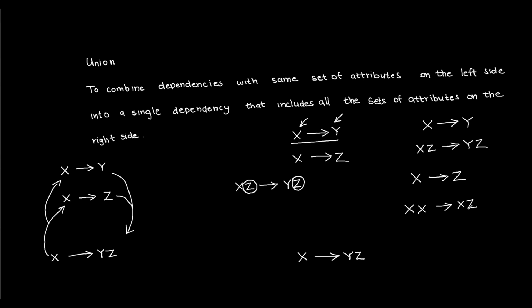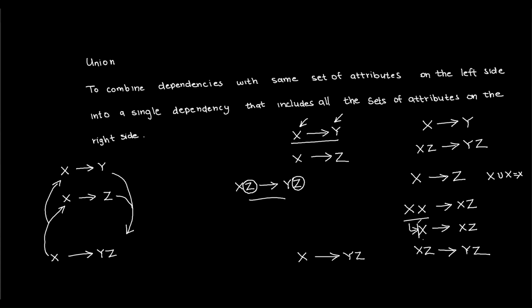Xx functionally determines xz. So I can say x functionally determines xz, since x union x is equal to x. So this becomes this. We have x functionally determines xz, and here we have xz functionally determines yz.